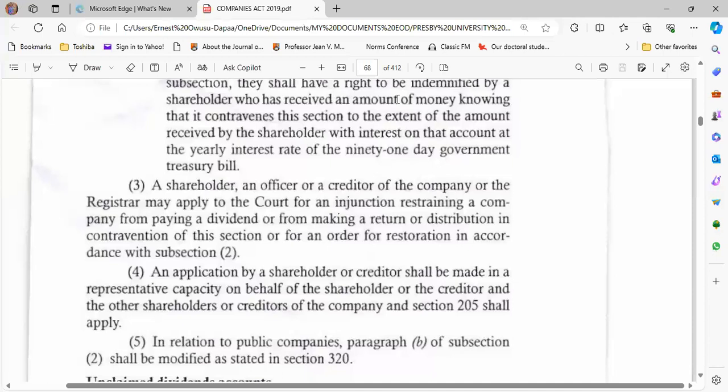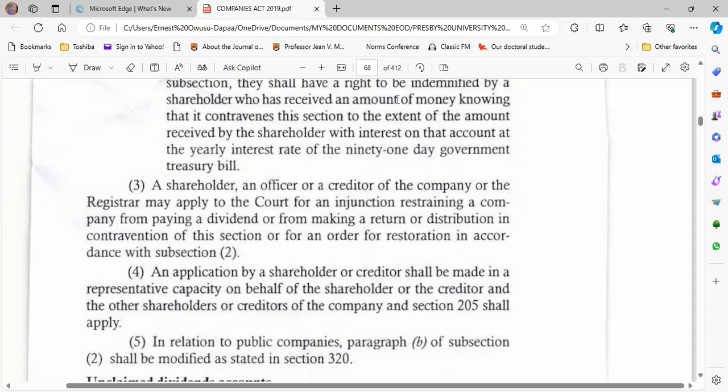You can go to court, or you can bring the registrar of companies' attention to it. Then the registrar can also go to court for the court to grant an injunction restraining the company from paying a dividend or from making the return on distribution when the company has not actually met the distribution test, or where the payment has already been made.